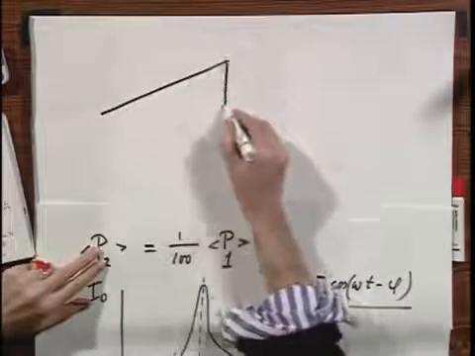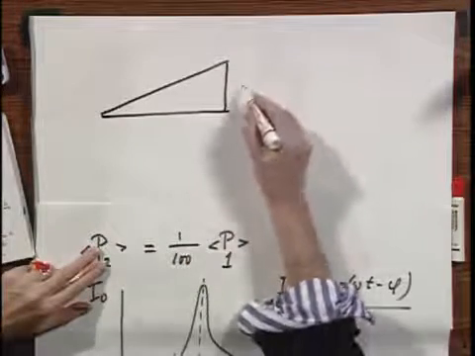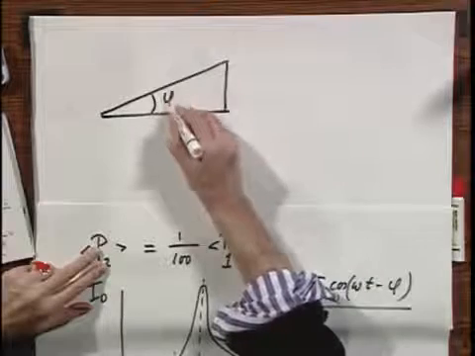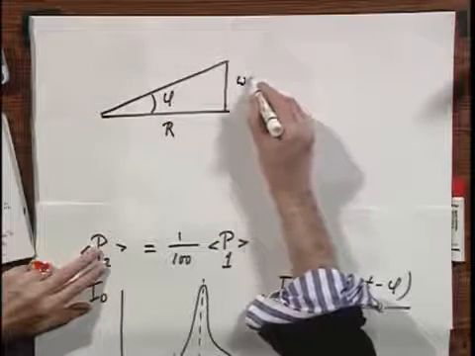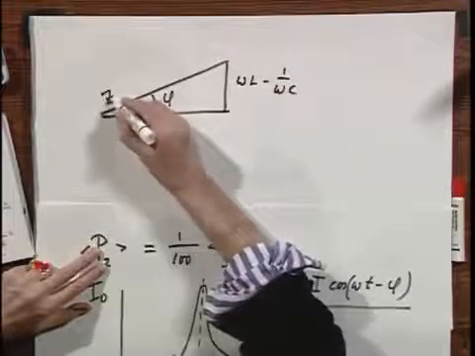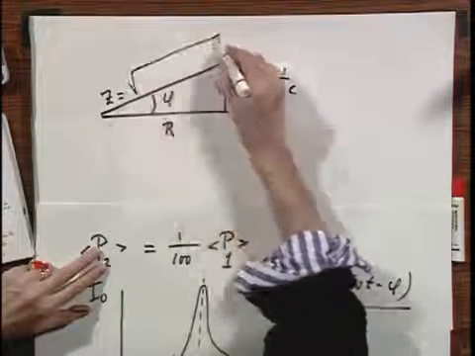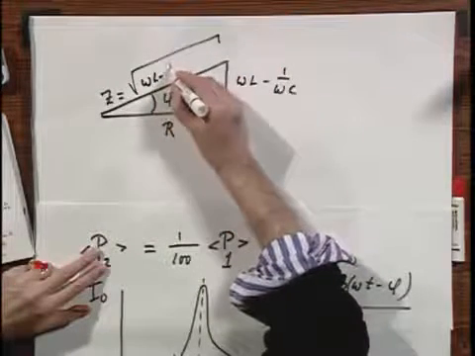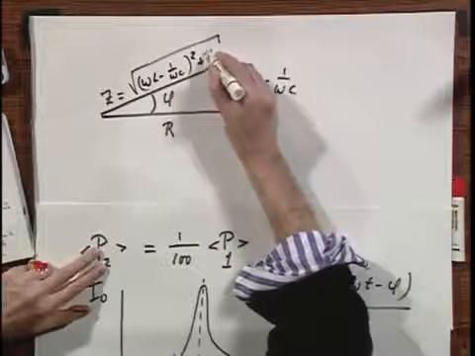Let me first calculate the value for phi. The value for phi is given as follows. This is R. This is omega L minus 1 over omega C. We got this from phasor diagrams, and we call this the impedance Z, which is the square root of omega L minus 1 over omega C squared plus R squared.